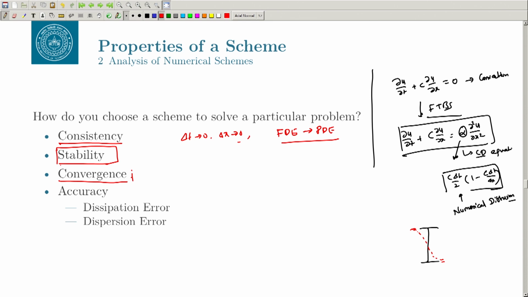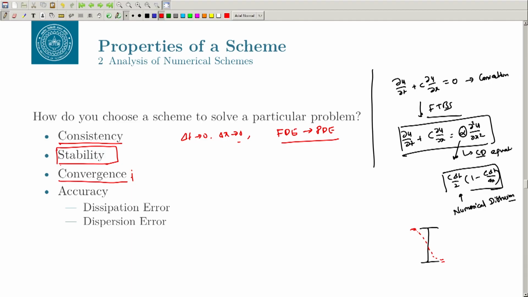If the difference between the two goes down, that means the solution is converging. A more formal definition, as we will provide later, is that as delta t goes to 0 and delta x goes to 0, your numerical solution is equal to the exact solution of your mathematical model, basically your PDE that you are trying to solve. So, that is convergence.